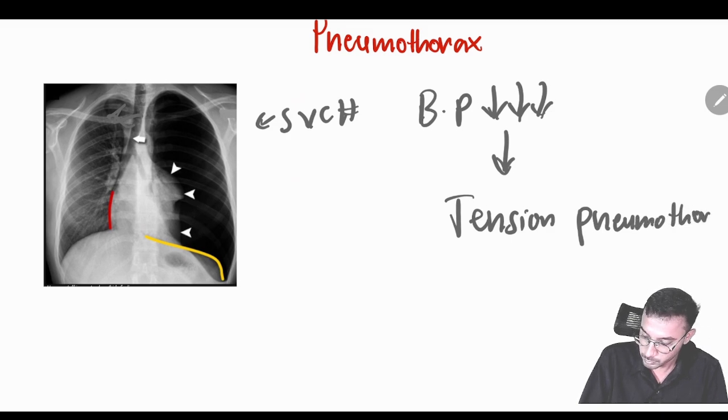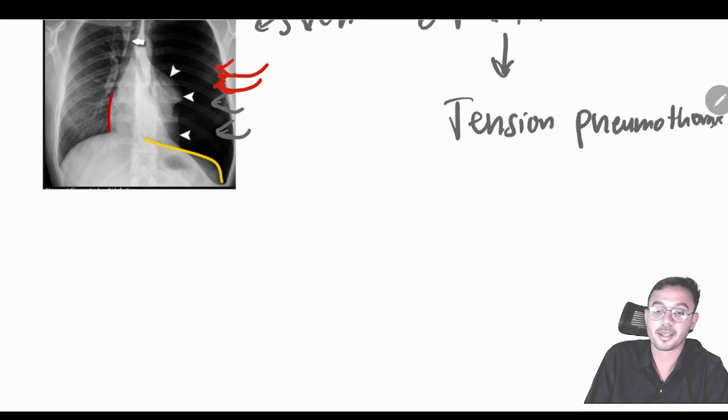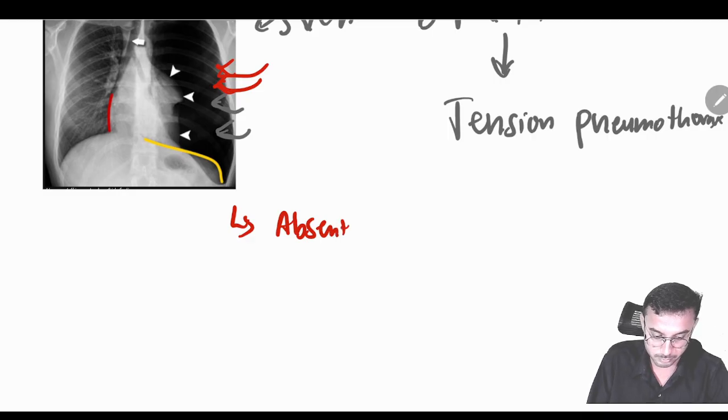This is very important: BP is low, tension pneumothorax. Air keeps going in one way, it is creating a one way valve over here. Air is going in, but it is not coming out. So that's why you'll find absent lung sounds.